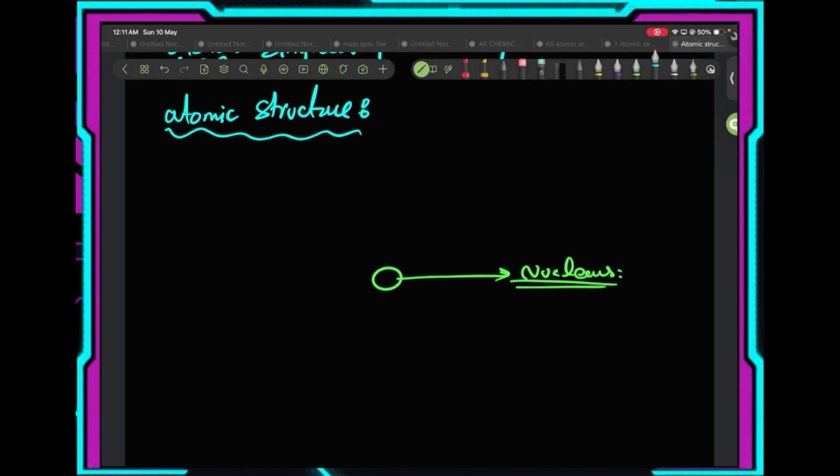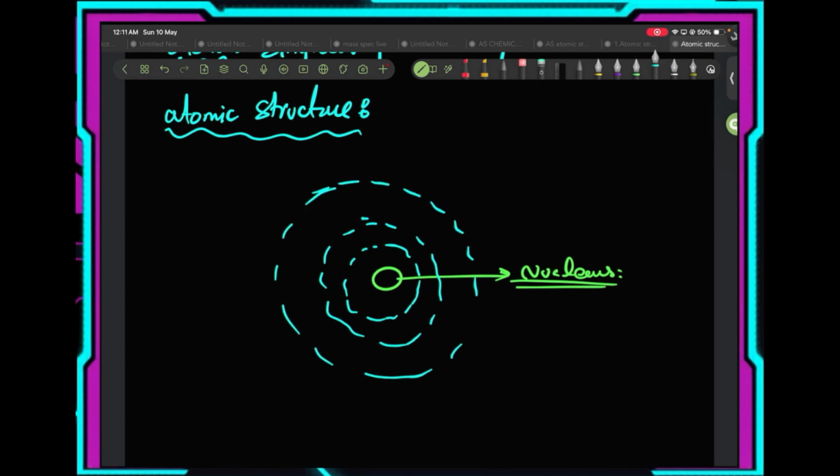And that extra nuclear part basically consists of shells or energy levels, if you might recall. Okay, so we have extra nuclear part and we have a nuclear part. The nuclear part consists of a nucleus, and the extra nuclear part, apart from the nucleus, would contain the shells. Okay, so these are the two main regions in the structure of an atom.